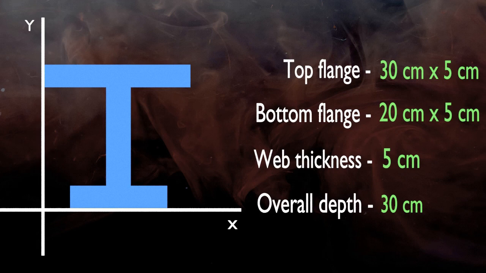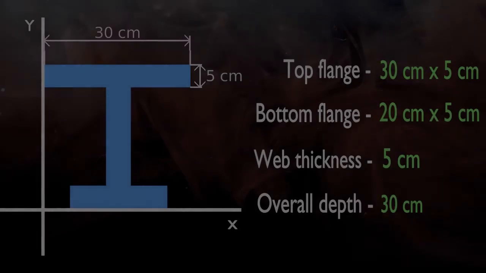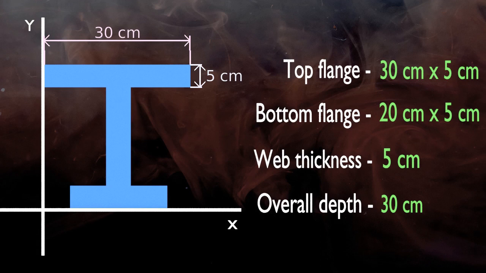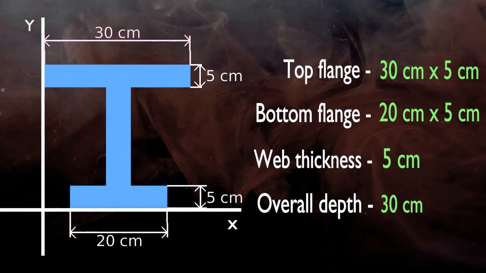Top flange is 30 cm by 5 cm, which means that width of this flange is 30 cm and height is 5 cm. Similarly, bottom flange is 20 cm by 5 cm, so width of this flange is 20 cm and height is 5 cm. Web thickness is 5 cm and overall depth is 30 cm.